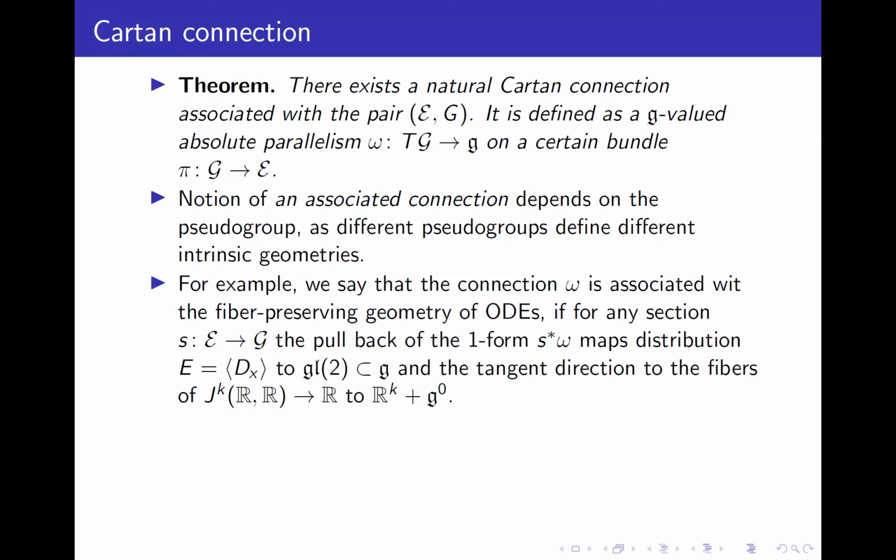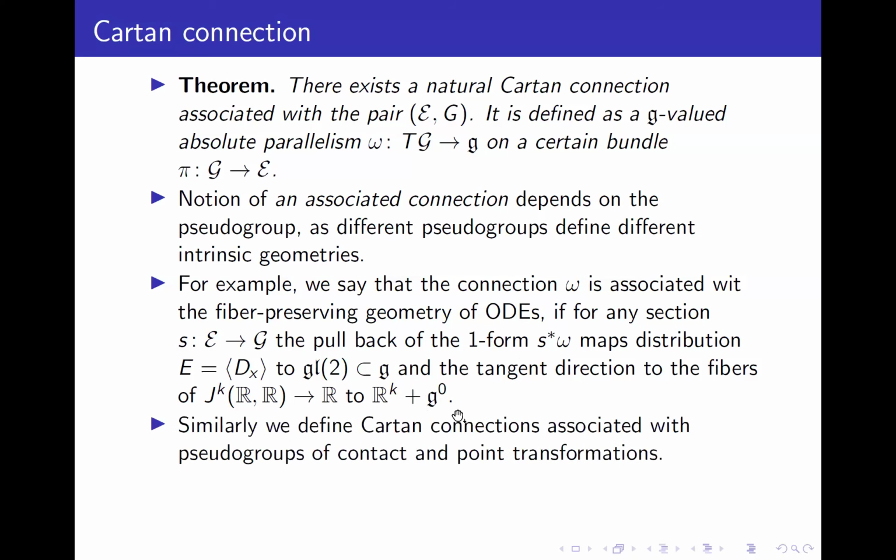There are many connections that preserve a fixed Riemannian metric, but only one of them is called Levi-Civita because it has no torsion, and all others will have torsion. So somewhat similar happens here. We have many associated connections, but there is one that is better than all others. We call it natural.